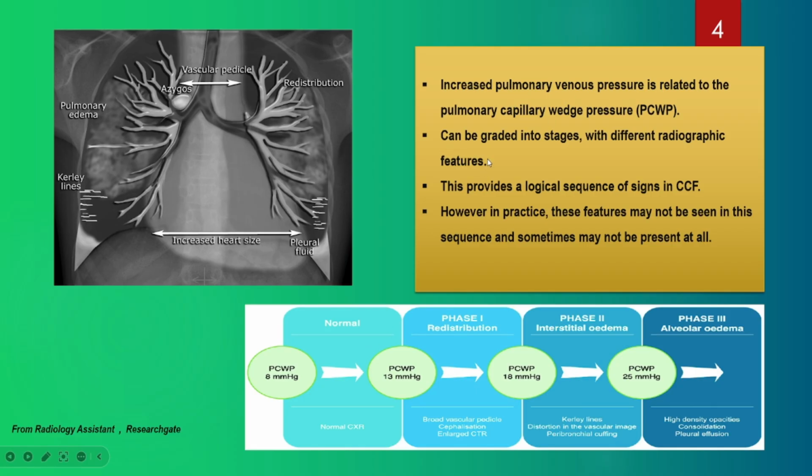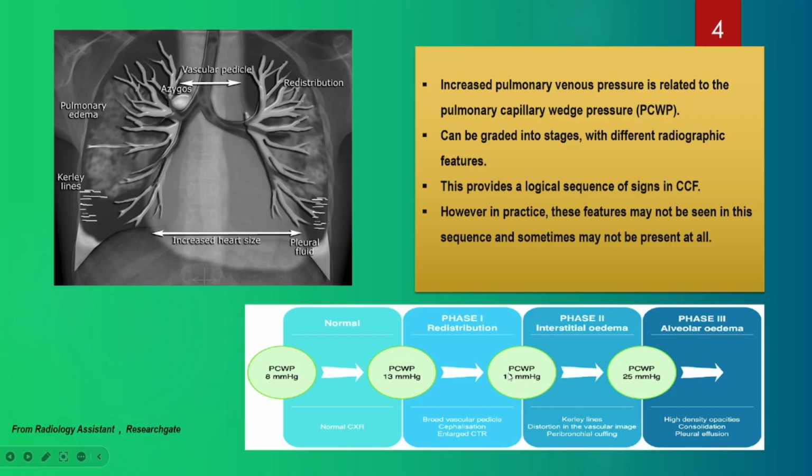With that, we can grade the heart failure into stages, which gives us a logical sequence of features in congestive cardiac failure. Stage 1 is from 13 mmHg to 18 mmHg. Stage 2 is from 18 to 25. Stage 3 is above 25. This is the increasing pulmonary capillary wedge pressure.